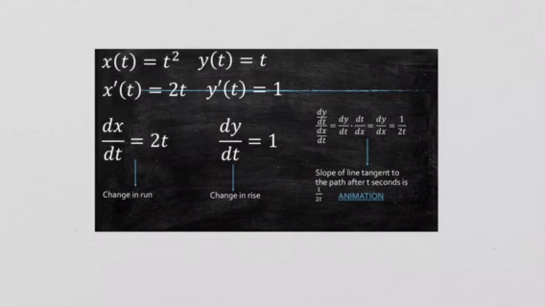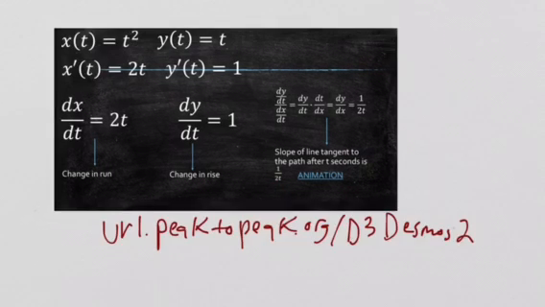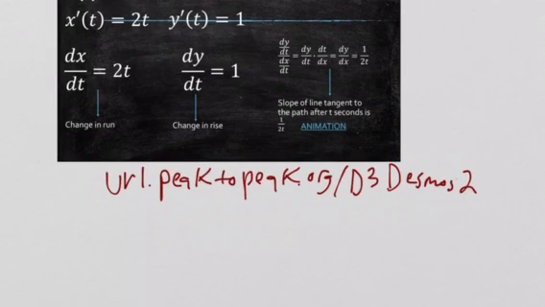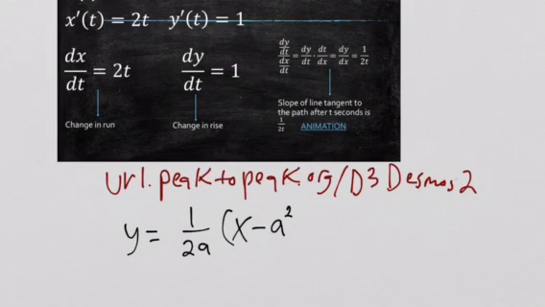So let's go back to the animation now, and this time, rather than looking at how x and y are changing, we're going to look at how the actual slope is changing. So it's going to be d3desmos2, url.peak2peak.org/d3desmos2. Go to that animation, and I want to copy down what that animation has in it. It's y equals 1 over 2a times x minus a squared plus a.